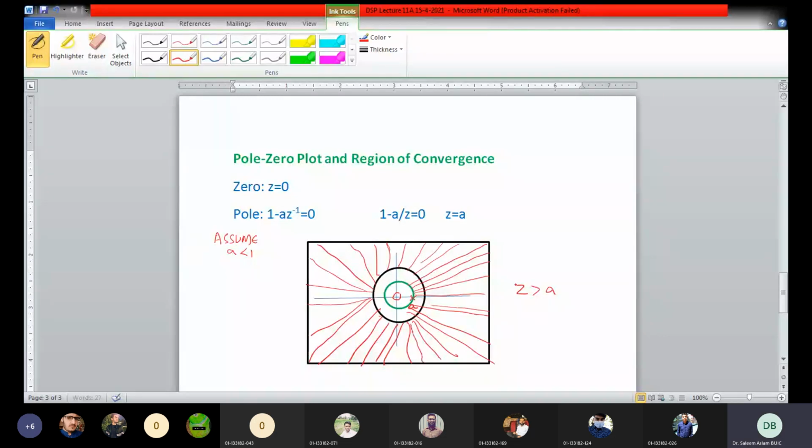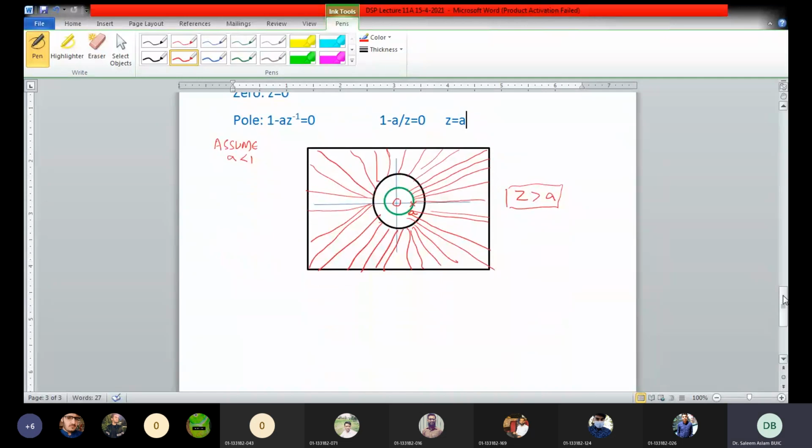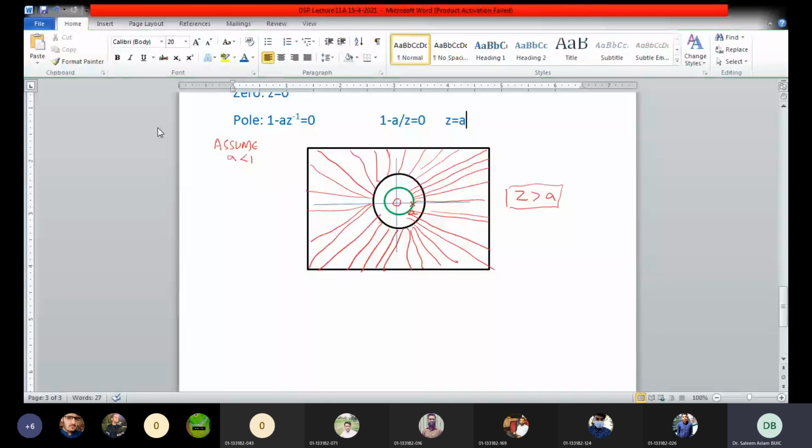So this is |Z| greater than A. It means that for a right-handed sequence, the ROC will be outward of the location of the pole. So let me write this sentence explicitly because this is a key for right-handed sequences: the ROC will be outward of the location of the pole.